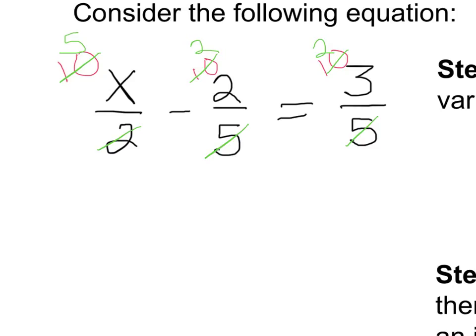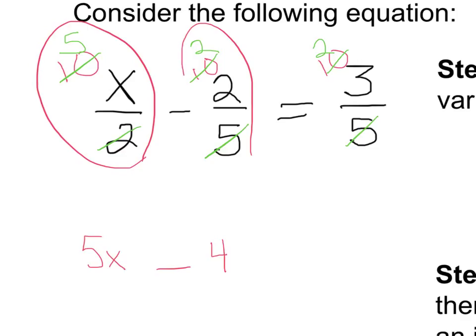So now what we've got is a 5 in front of an x here for this first fraction, minus 2 times 2, which is 4, equals 2 times 3, which is 6.